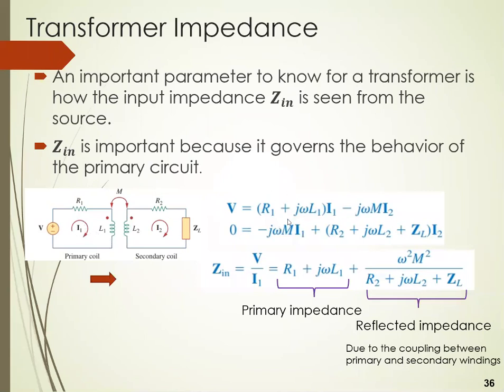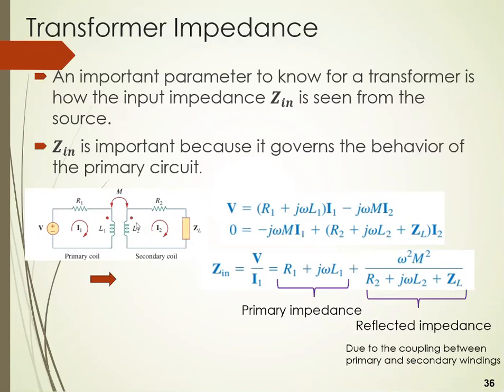Because of the mutual inductance between the two, you will have the typical equations that we had before, where this current I2 is going to induce a voltage on the primary. That voltage in this case is j omega M I2, because you now have this mutual inductance term in the expression that includes that induced voltage.